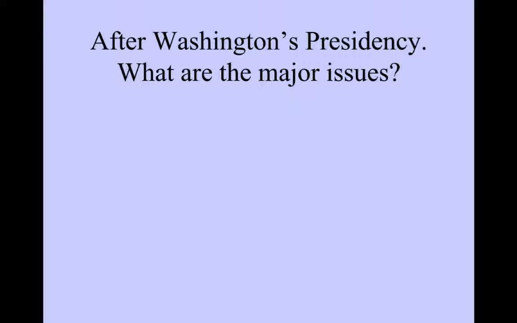So there's a lot of things that happen during these years and these three presidencies, and they're all connected. And this is why we're doing the trial, by the way. So the trial, I hope it's fun. A lot of kids do enjoy it. But if you're not enjoying it, occasionally kids don't, there's a reason for it. And the reason is that the issues that come up in the trial are really the major issues for not only 1796 all the way through 1816, but I'd go even beyond that.